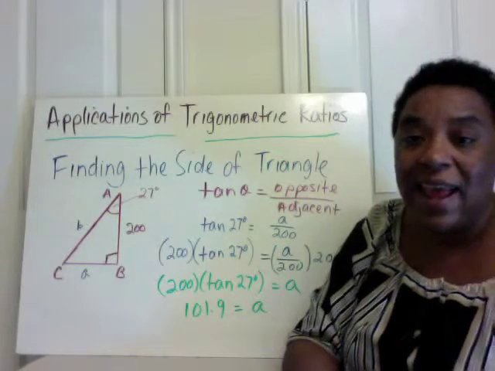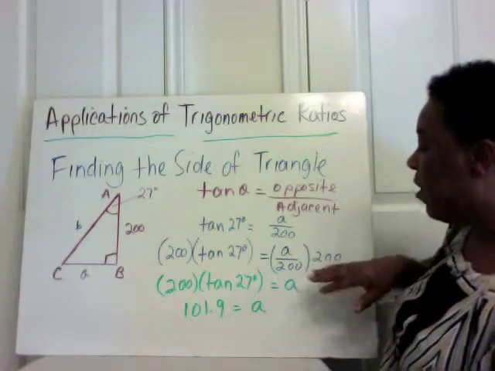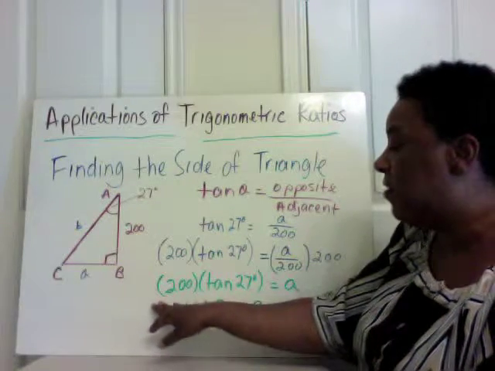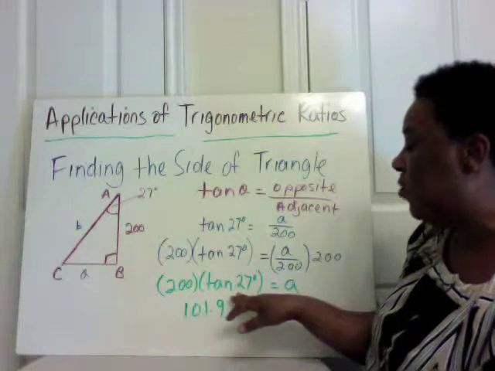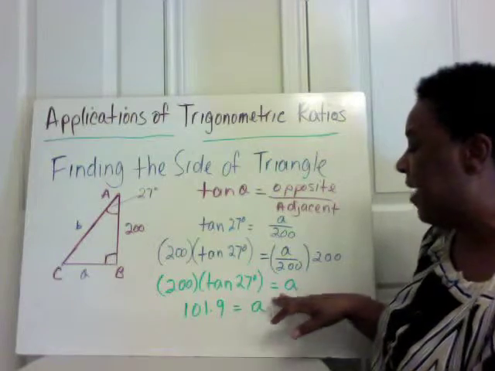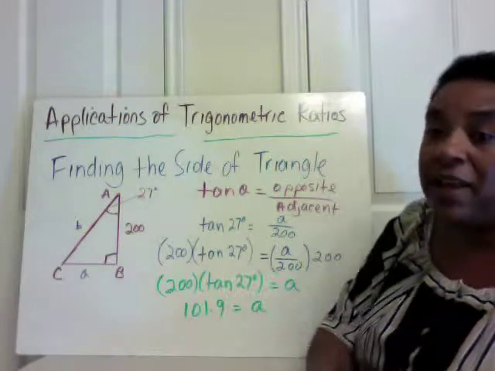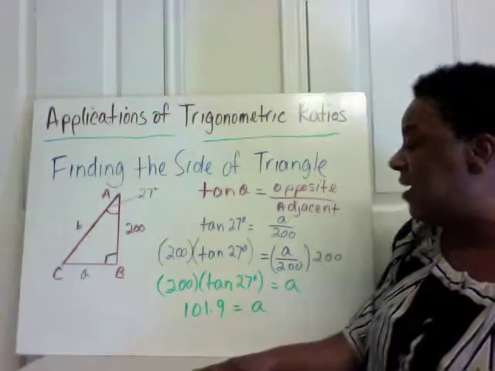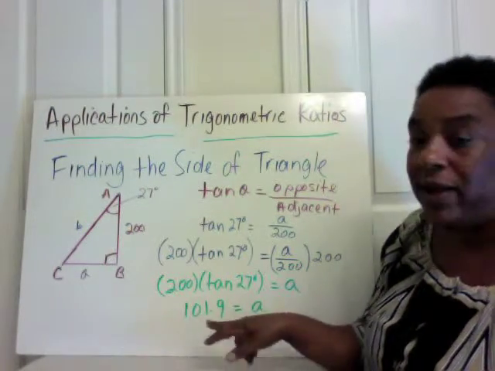So now we want to get A by itself. We multiply both sides by 200, and we end up with 200 times tangent of 27 degrees equals A. And when we put this information in our calculator, we find that the side of length A is 101.9.